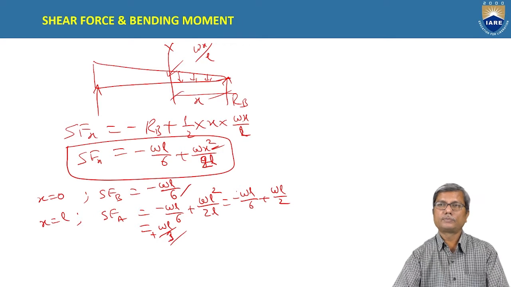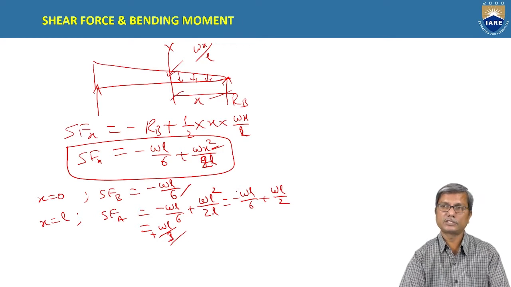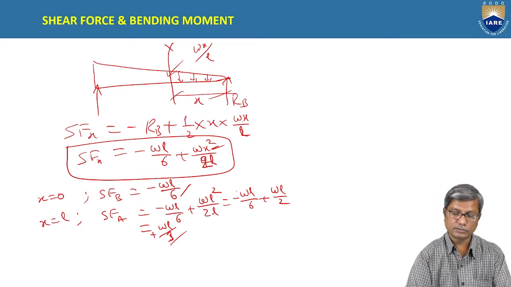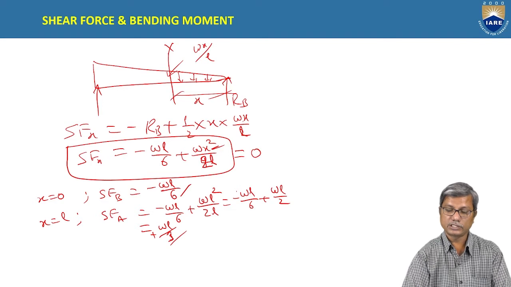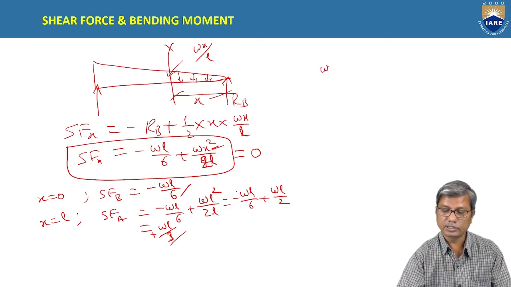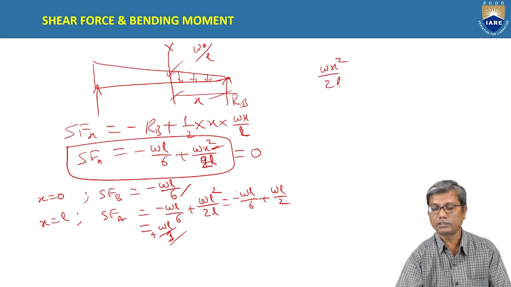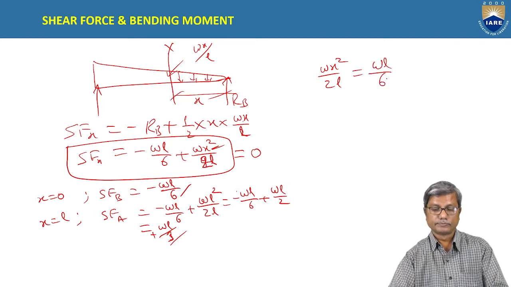And the location of that point where the shear force changes sign is obtained by equating this shear force to 0. So by equating this shear force to 0, you will get Wx square by 2L equal to WL by 6.